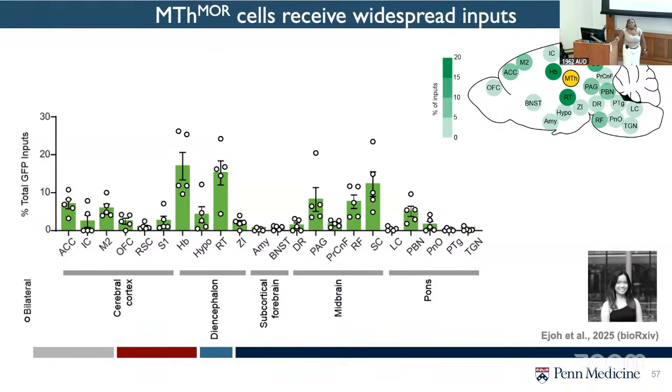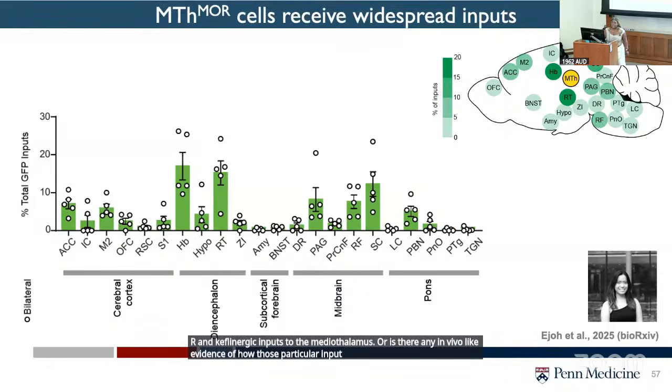Oh, interesting. So you're asking, are enkephalinergic inputs to the medial thalamus, is there any in vivo evidence of how those particular inputs act during pain? Actually, nobody has gotten there yet. I've only seen anatomical tracing studies of enkephalin into the medial thalamus.